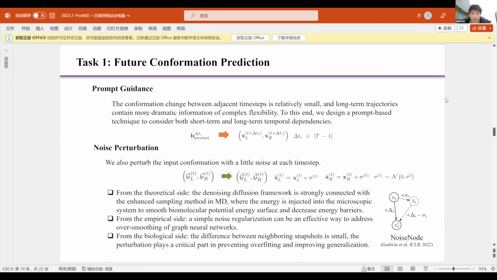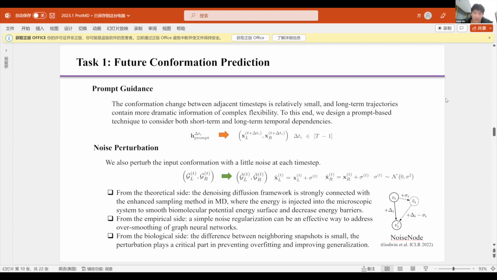That is, we add another feature, written as H prompt, and this prompt is concatenated to the node feature, and this prompt guides the model to predict the conformation at t plus delta t.